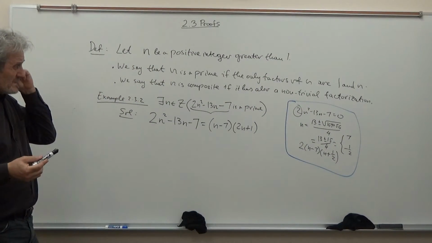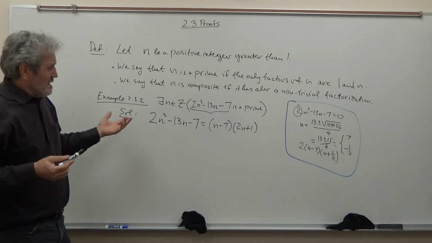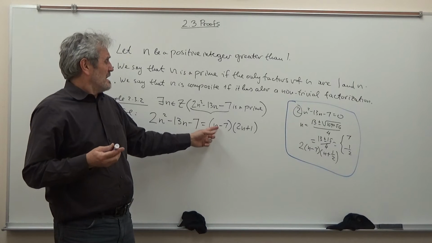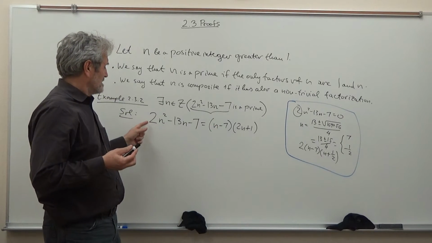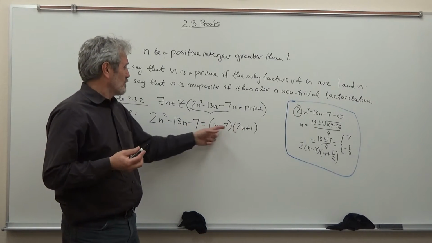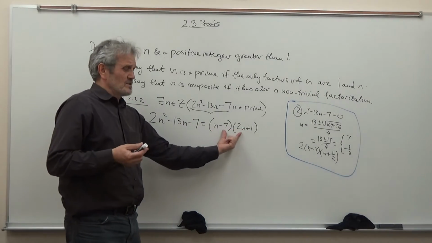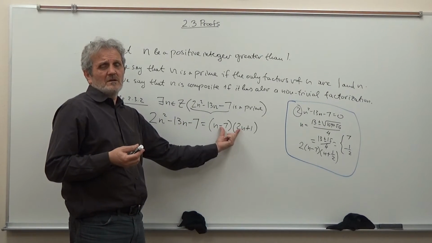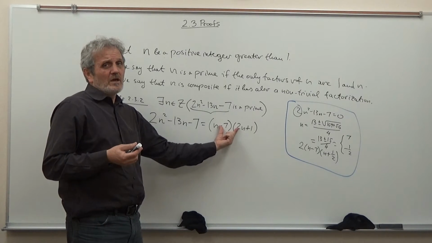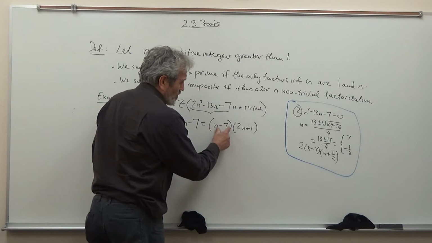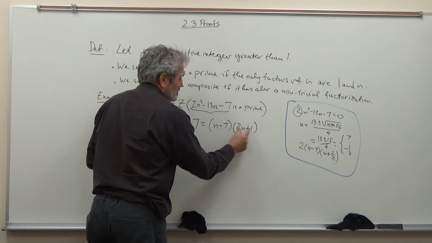So the question is what? Most numbers in this form will be composite. Why? Because here's a factorization. And the only way to make this prime is to force one of these two numbers to be 1.